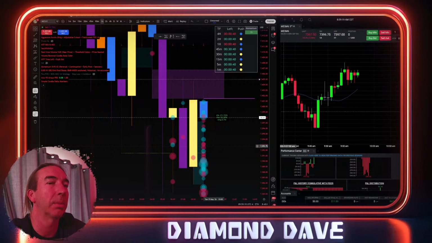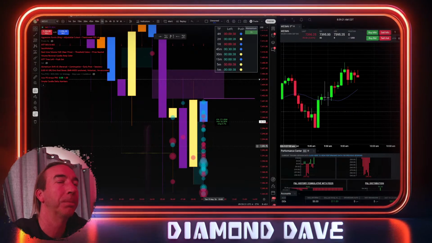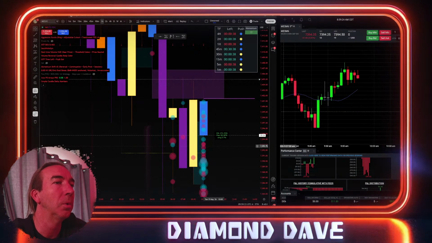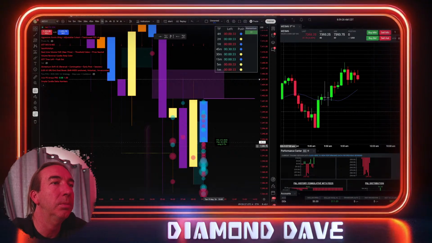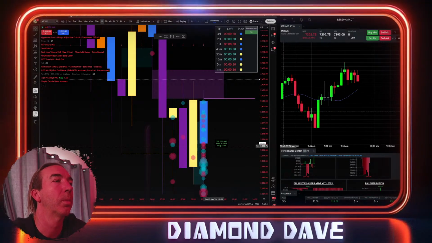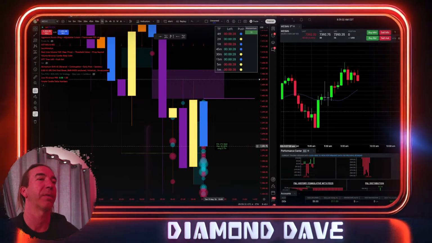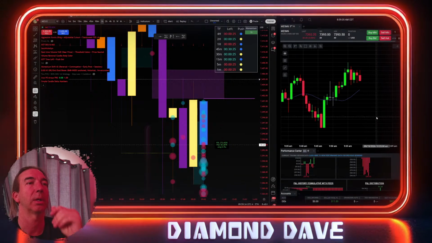That wicked all the way back up, so I feel like it's gonna go up. And we're pushing back down. If you make a fair value gap to the downside, I'm gonna take a trade to the downside.